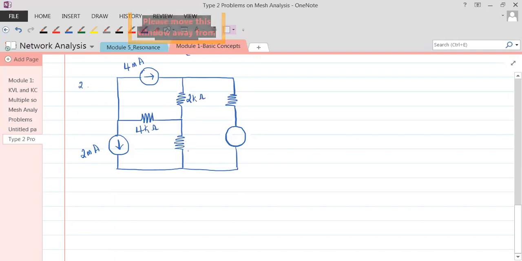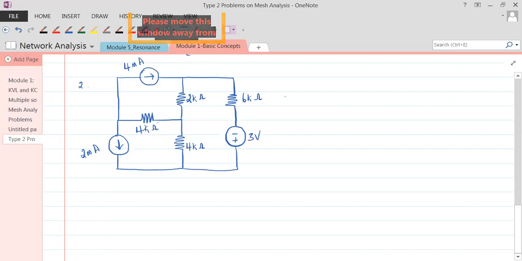This is 4 kilo ohms again. And this is 6 kilo ohms. And you have another source here. So unless we mark the arrow or the polarities, you cannot say whether this is current source or the voltage source. Fine. Now this is 3 volts.